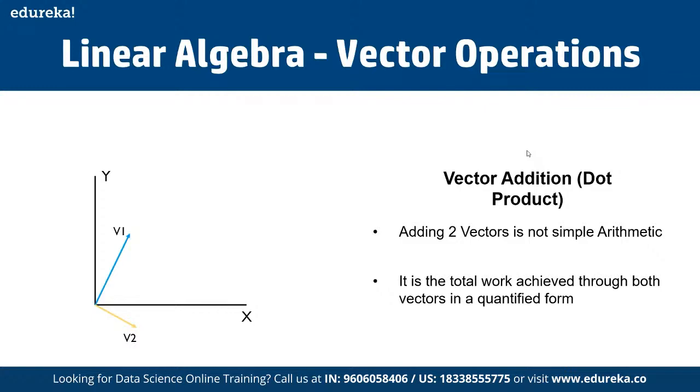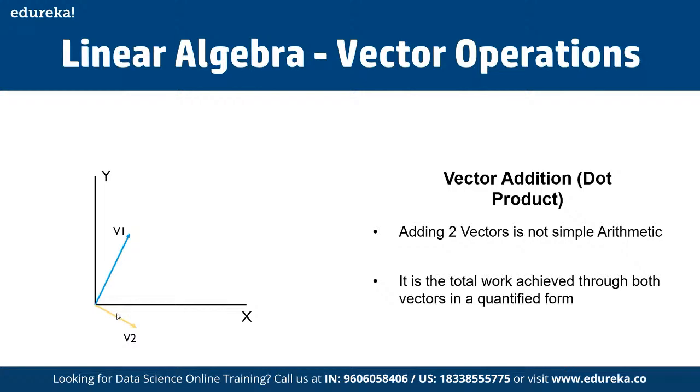For example, if we talk about vector addition, or we can refer to it as a dot product. It is the operation of addition of two vectors, but it is not going to be simply arithmetic. It is actually the displacement that we achieve from the working of both of these vectors. As you can see here, we have vector 1 and vector 2, referred to by v1 and v2. If we simply add them, then they affect together.